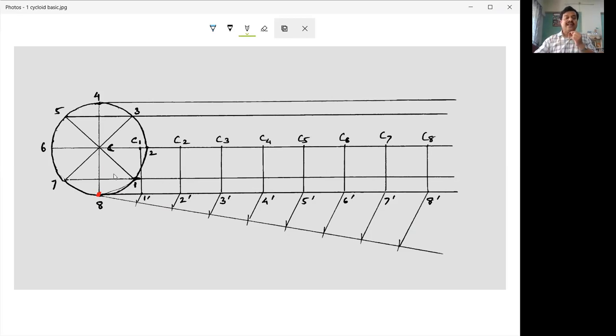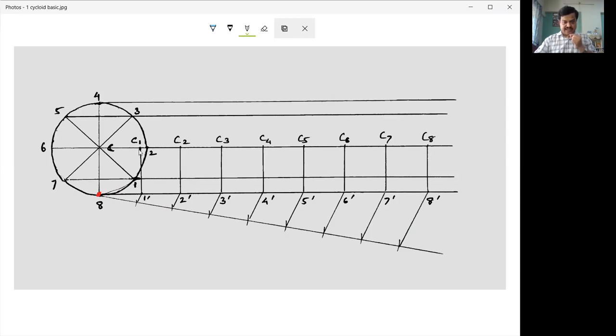Now I need to know where exactly point 8 would have reached. We know that the distance from the center to point 8 is the radius of the wheel, which is a fixed quantity. It is something which will never change. So even as the wheel rolls, the distance from C to 8 is going to remain fixed. Also, we know that 8 has now reached the level of 7.